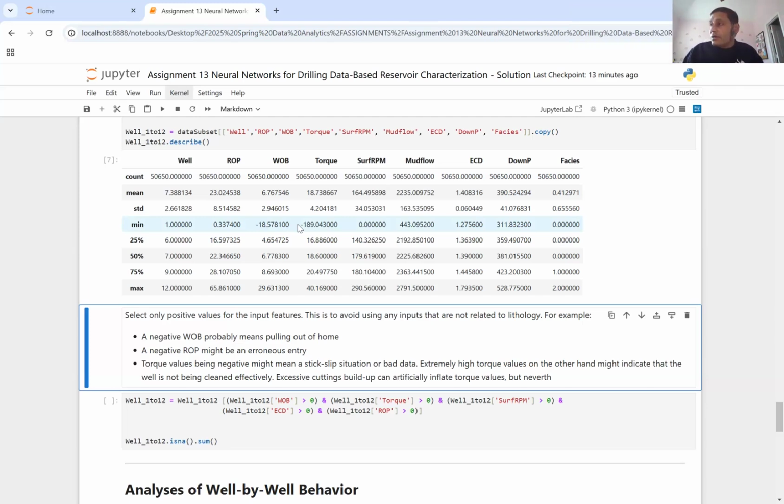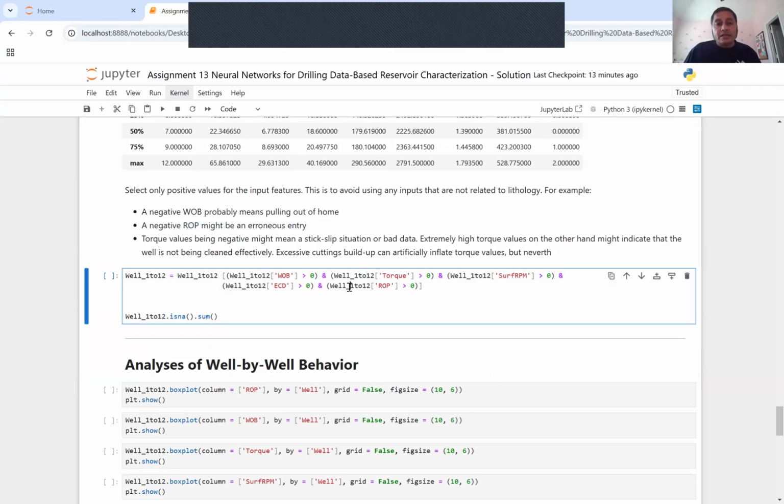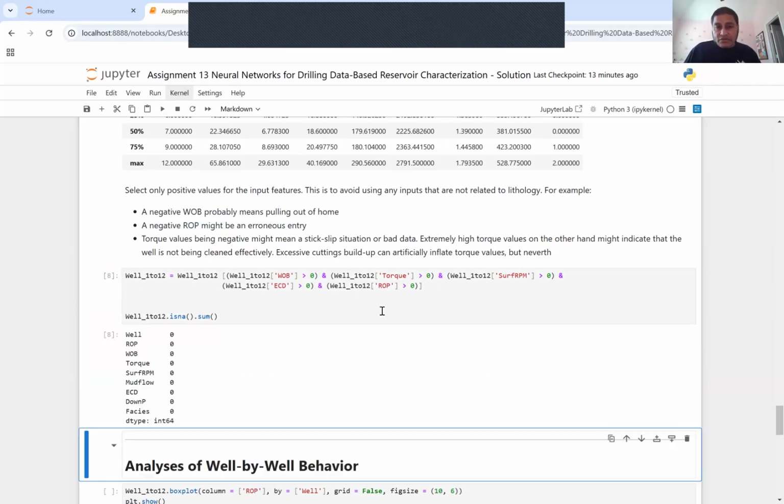Whereas a negative torque essentially means that we might be entering a stick slip situation. And so those negative torque values are not very informative about the lithology. And same thing with the negative weight on bit values. So we're going to clean up our data set. We're only going to be selecting the positive values associated with our input features.